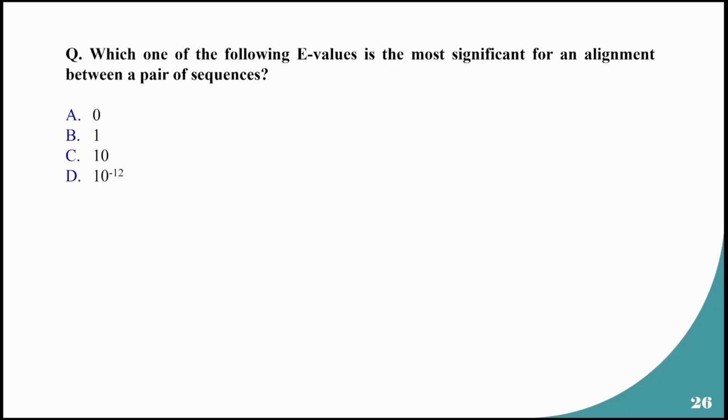So the concept of E values directly underpins the significance of a sequence alignment, right? So what will be the E value for the most significant alignment?